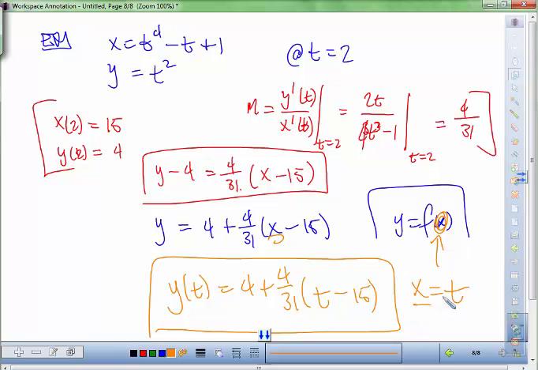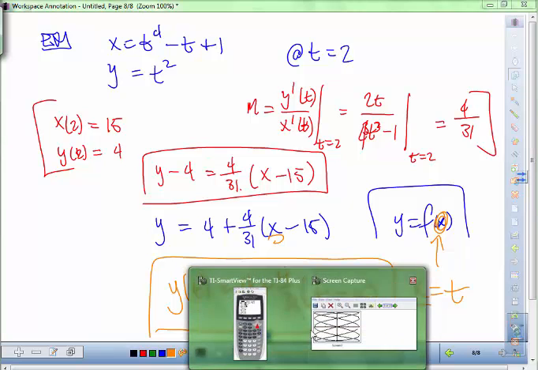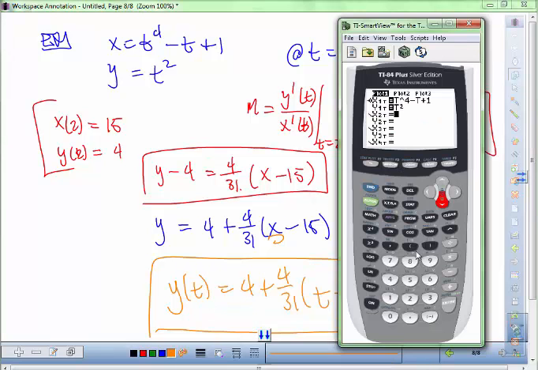Okay? So if you were to try to plug that in your graphing calculator, now you have an x and a y to plug in, your x being t, and your y being whatever it was. Instead of an x, you put a t in there. So it's 4, whoops.